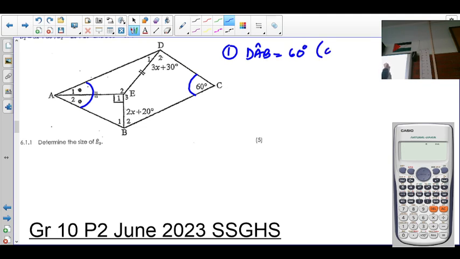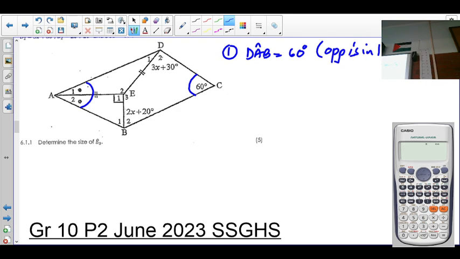Why? Opposite angles in a parallelogram are equal. Or two pairs of opposite angles are equal in a parallelogram. All of that along that line is acceptable. Something else I just wanted to say.